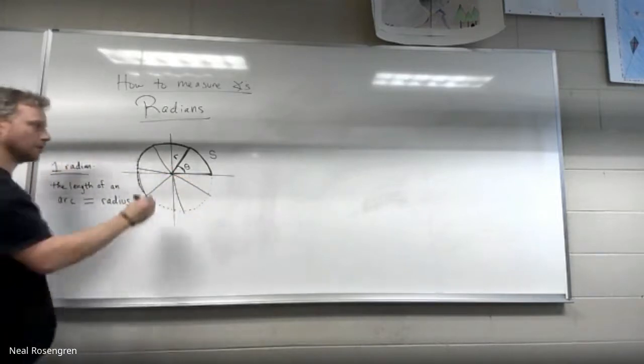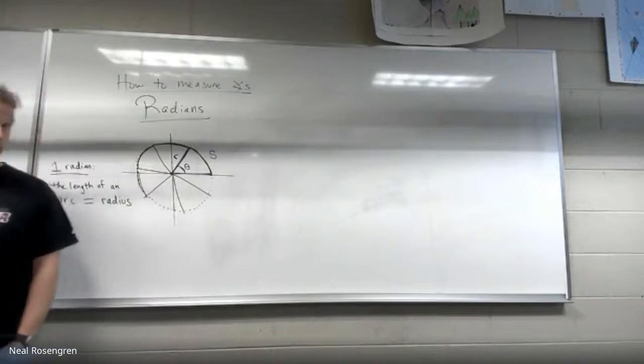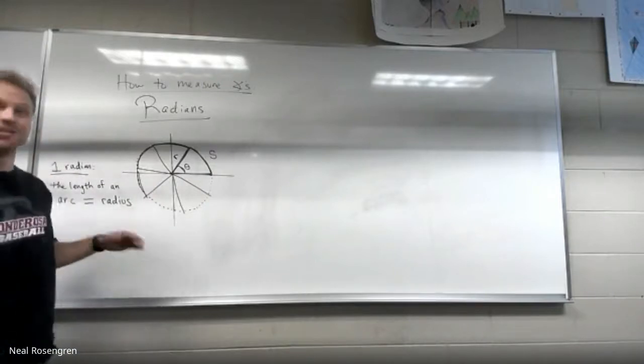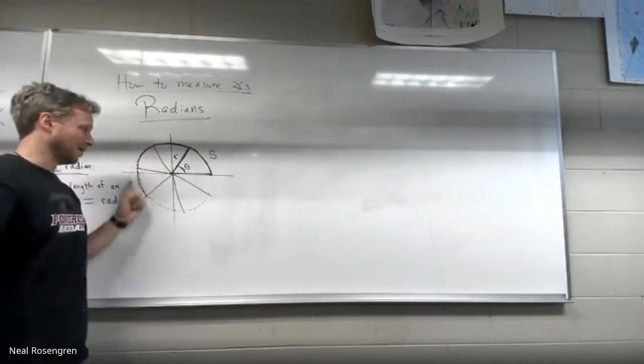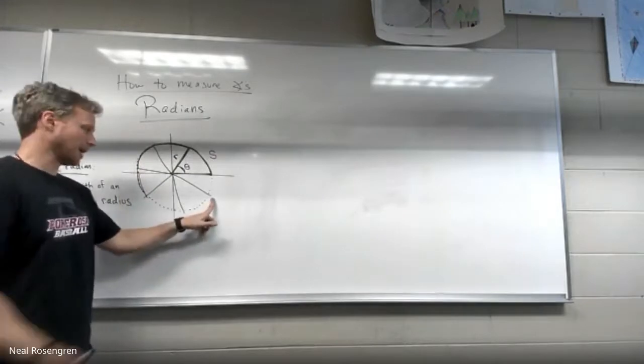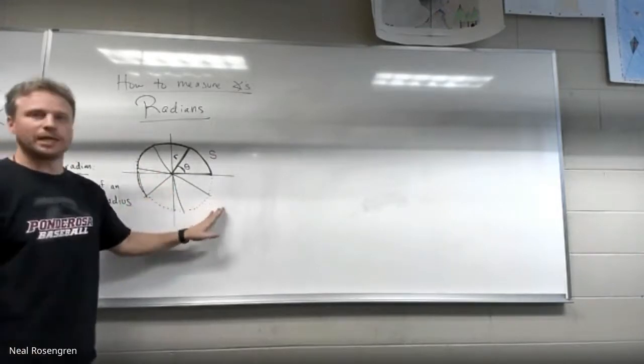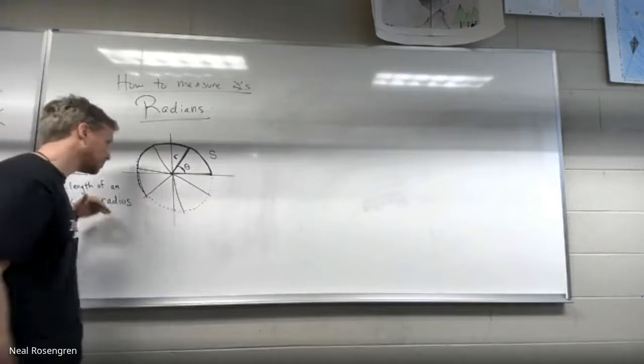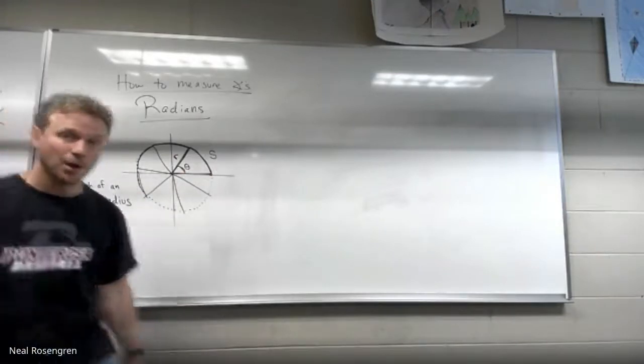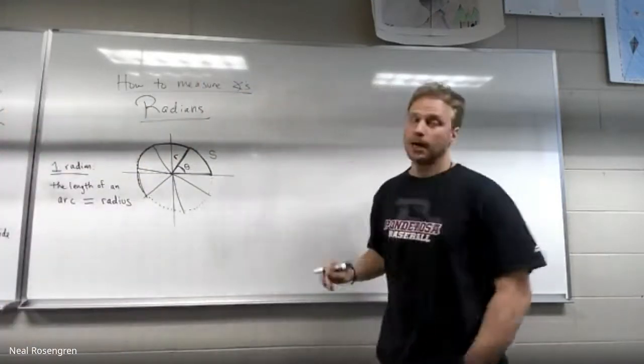You can make your way around the circle using really nice radians. But here's the thing: unfortunately, 6 radians, and this is off a little bit, does not get you far enough. It doesn't get you all the way back around the circle.